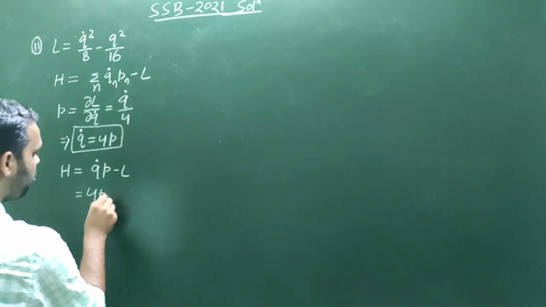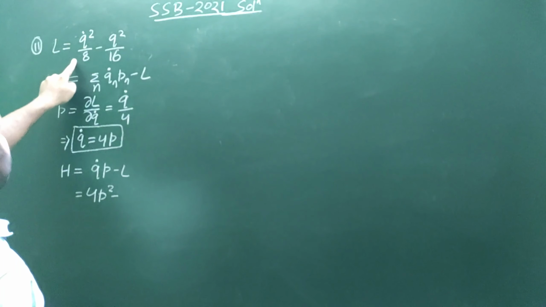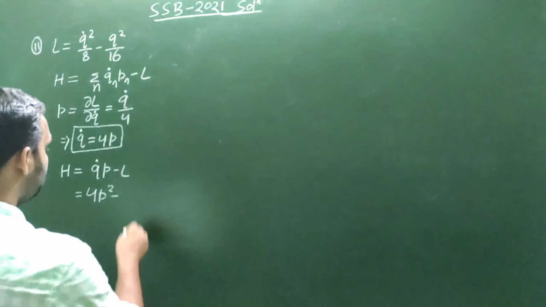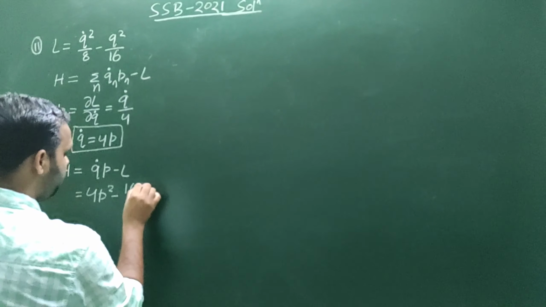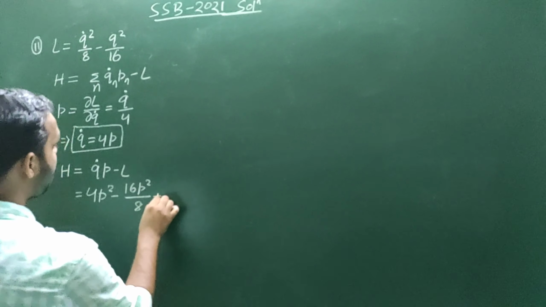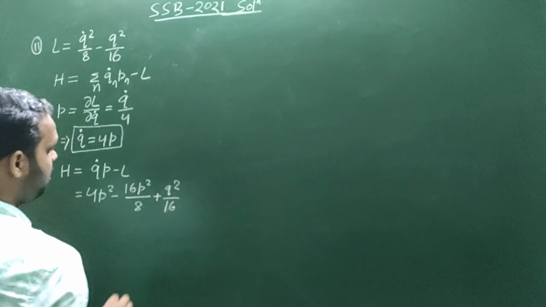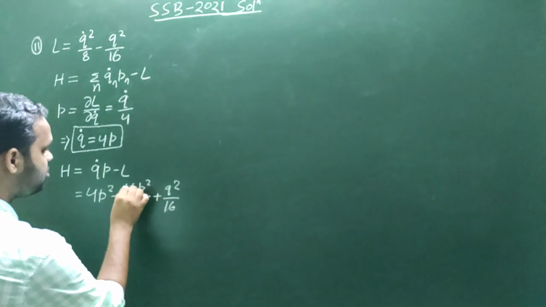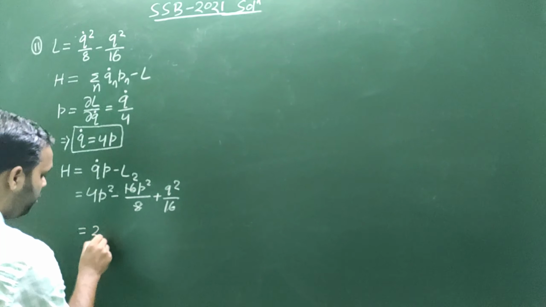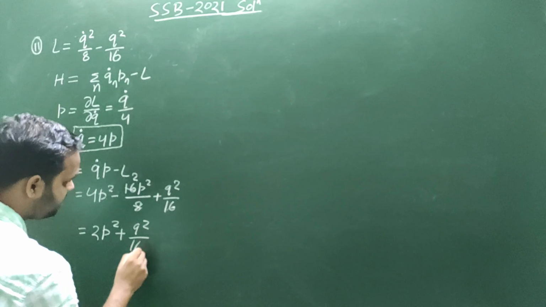so this will give you 4p square minus L. L is q dot square by 8 and q dot is 4p. So 4p whole square will give you 16p square divided by 8, minus minus plus here, and this is q square by 16. 16 by 8 will give you 2. 4p square minus 2p square will give you 2p square plus q square by 16.